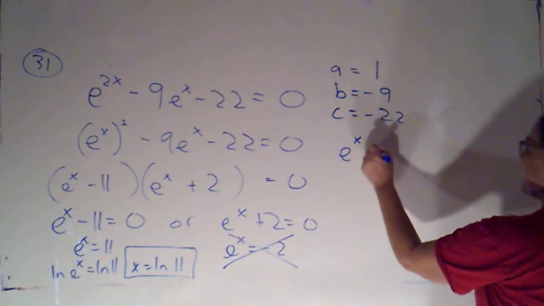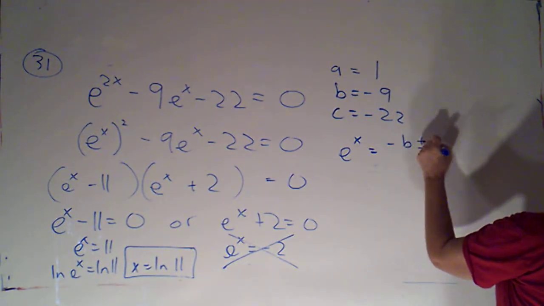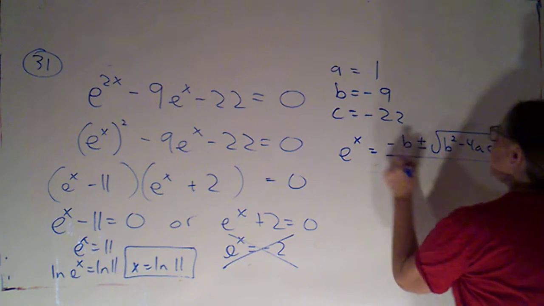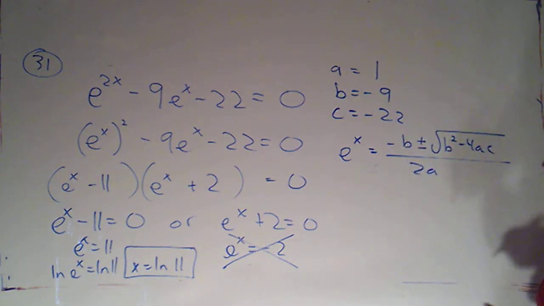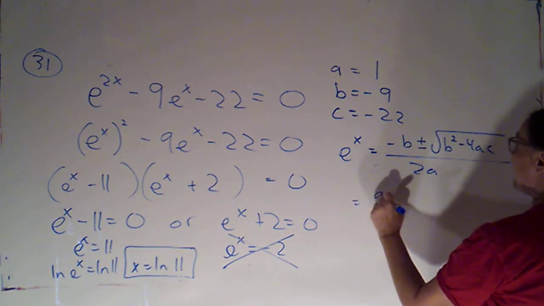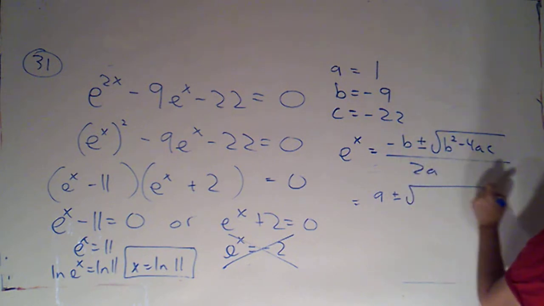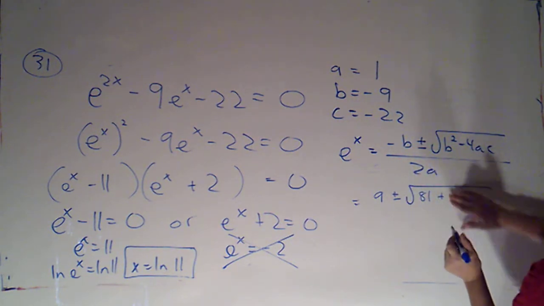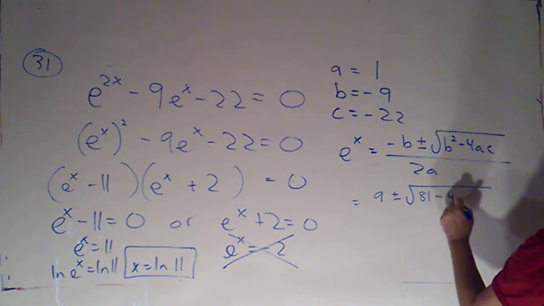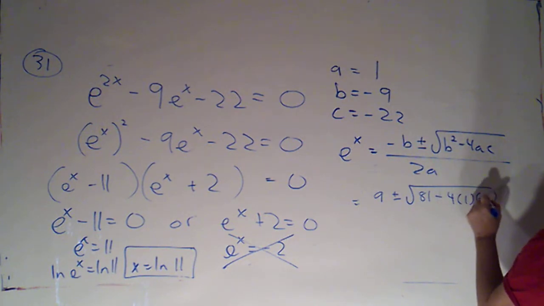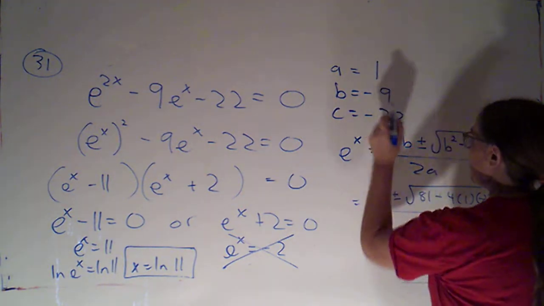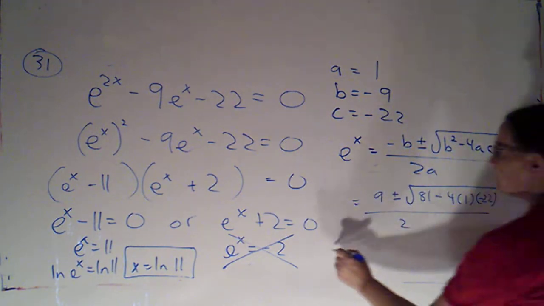So e^x would be the opposite of b, plus or minus the square root of b squared minus 4ac, all over 2a. So that would be 9 plus or minus the square root of 9 squared, which is 81, minus 4 times 1 times negative 22, all over 2.